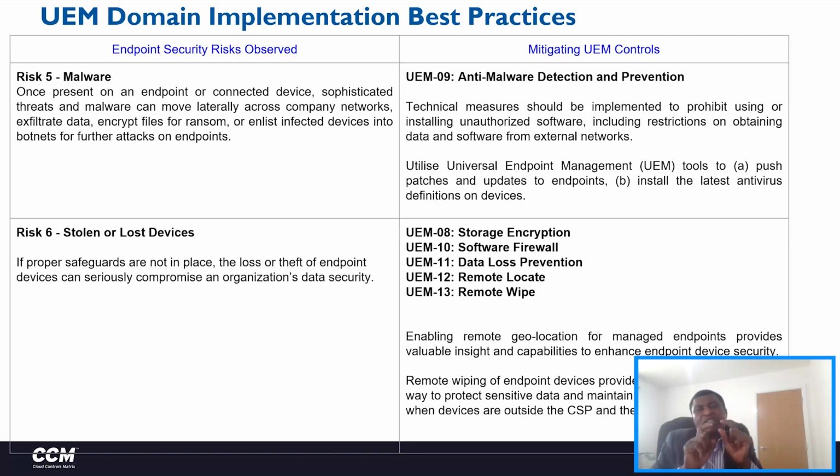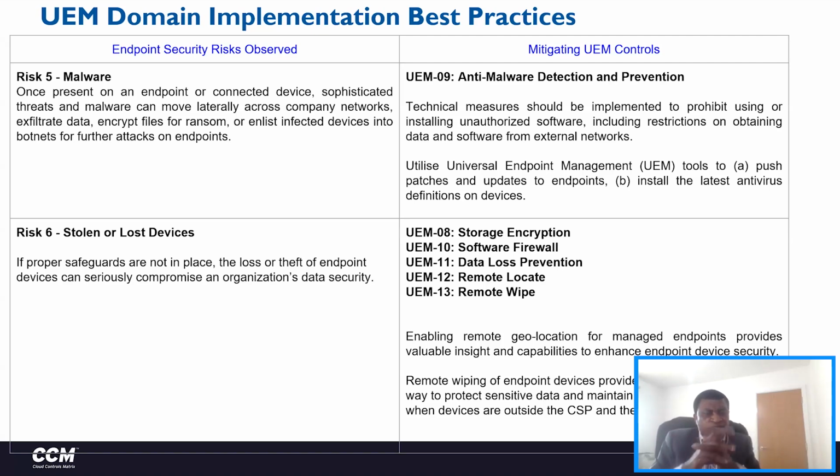Now, technical measures should be implemented to prohibit using or installing unauthorized software, including restrictions on obtaining data and software from external sources. Again, back to the UEM tools, you can actually use that to A, push patches and updates to endpoints, and B, install the latest antivirus definitions on devices.